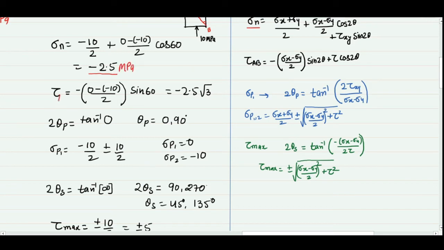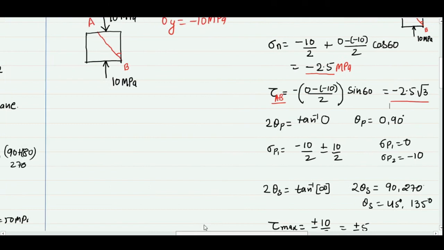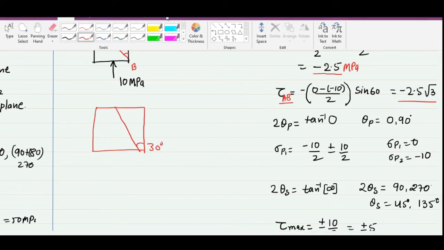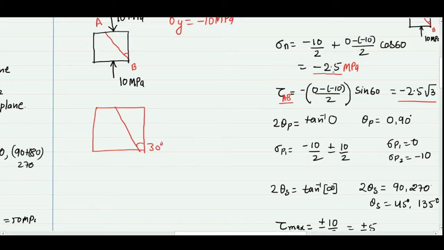Similarly, I am calculating the shear stress on an oblique plane of 30 degree, and I am getting a value of minus 2.5 root 3. So let's try to represent these two stresses on the stress element. I know that if the normal stress is positive, it will be shown by an arrow moving away. So this is my plane at an angle 30 degree, and my normal stress is a minus value of 2.5.